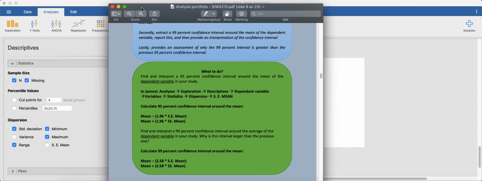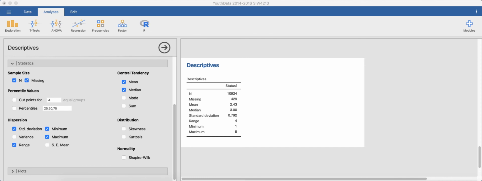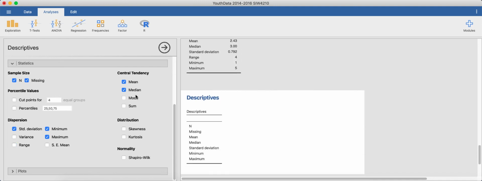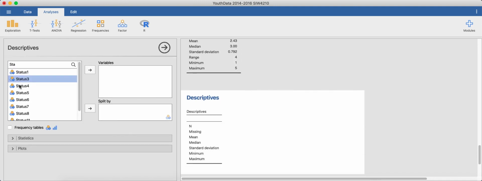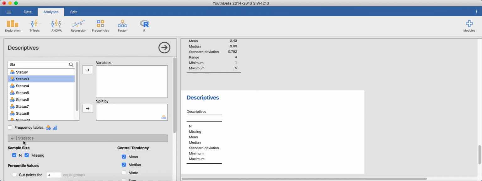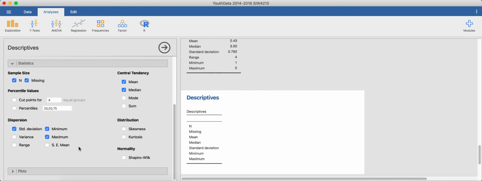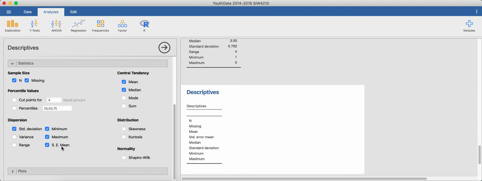So what do you do? Well, you go for exploration, descriptives, and in statistics you go for dispersion, and then you have to tick off the standard error of the mean.